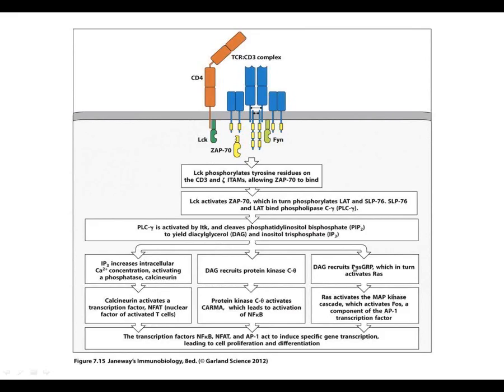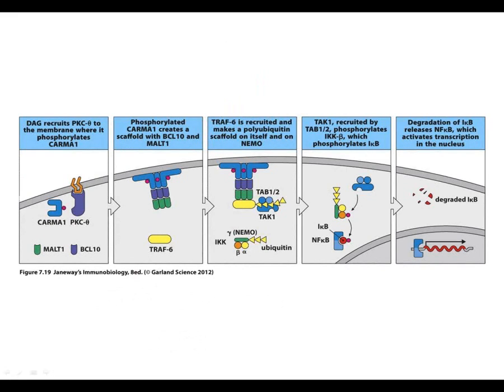That's the second thing that happens. Okay, last one is that DAG can recruit protein kinase C, where it phosphorylates something called CARMA1, which eventually, steps that I don't really think you need to know, leads to NF-kappa B activation.